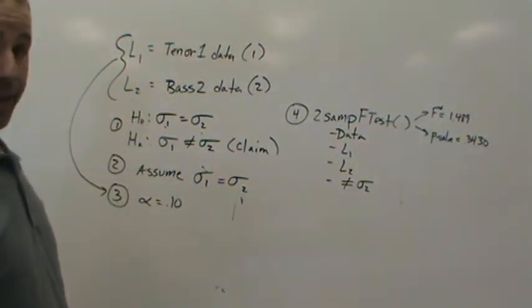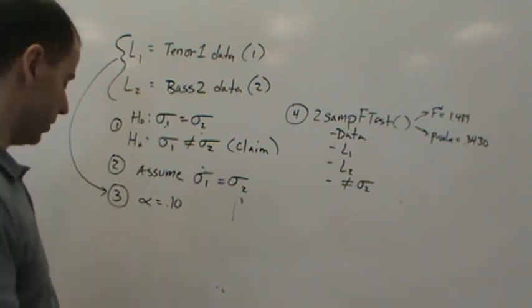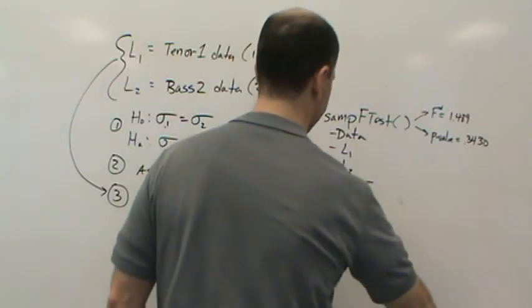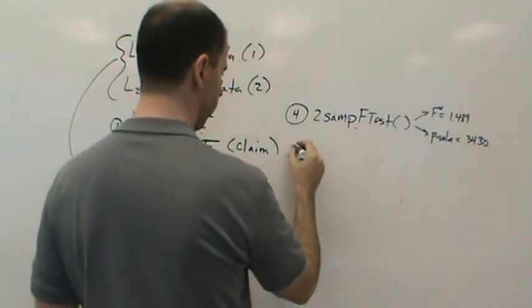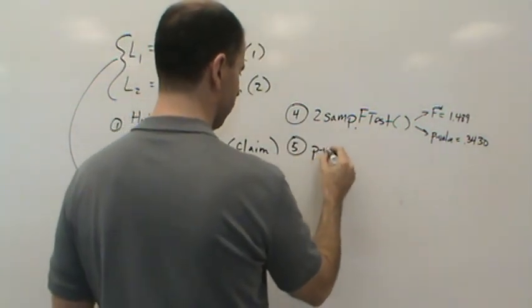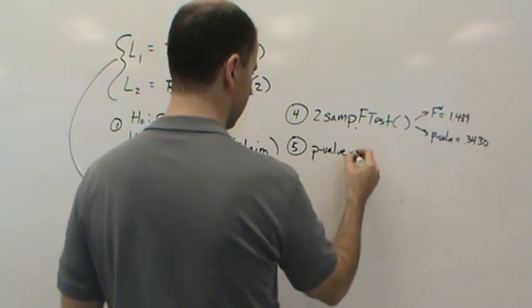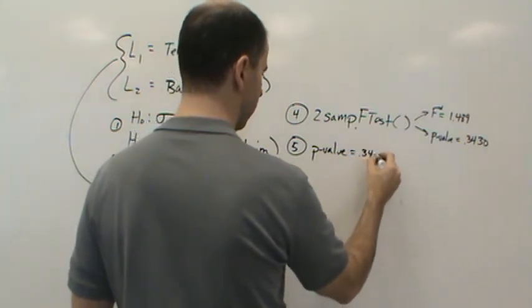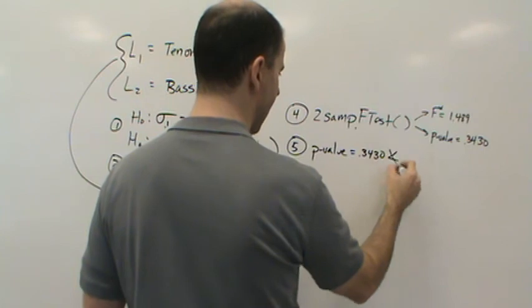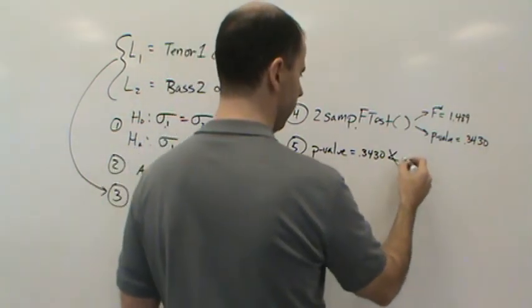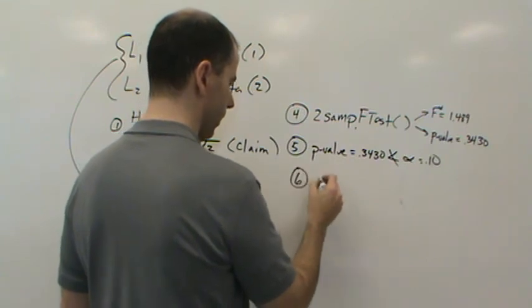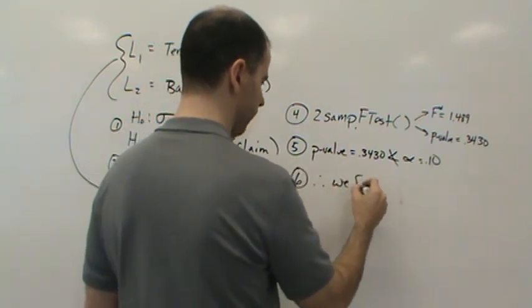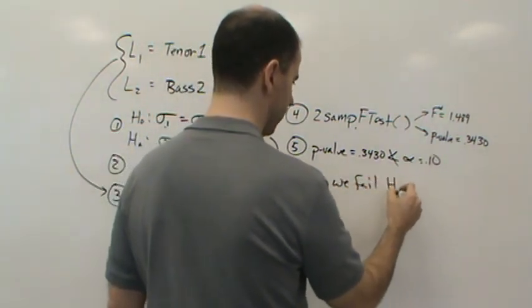Based on the p-value method, we will fail to reject the null hypothesis. The p-value, which is equal to 0.3430, is not less than alpha, which is 0.10. Therefore, we fail to reject the null.